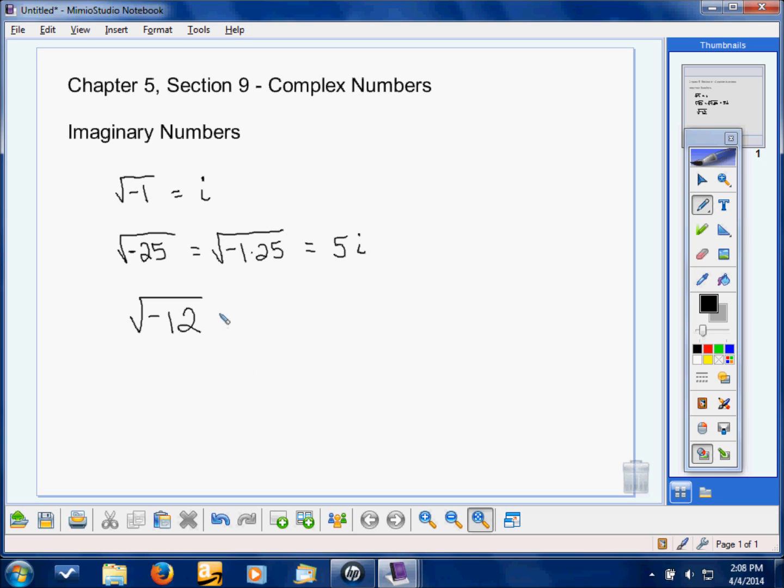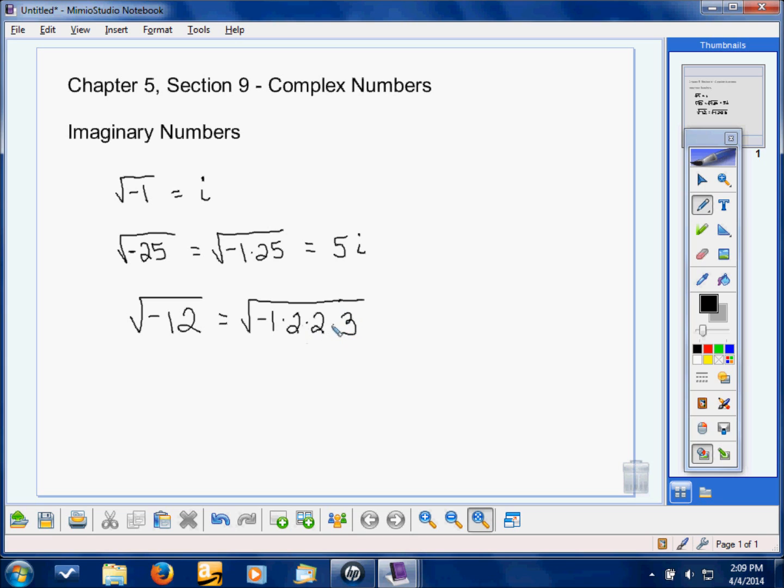When we break it down, we have a -1, but the 12 can be broken down too, because 12 doesn't come out even when you try to square root it. When you factor tree it, you get 2, 2, and 3: 2 times 2 times 3.